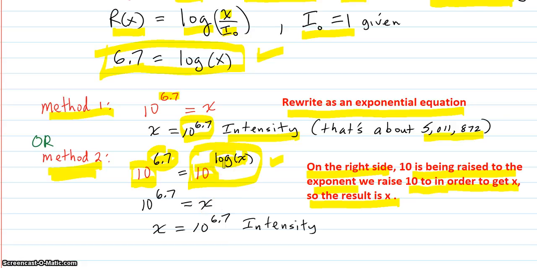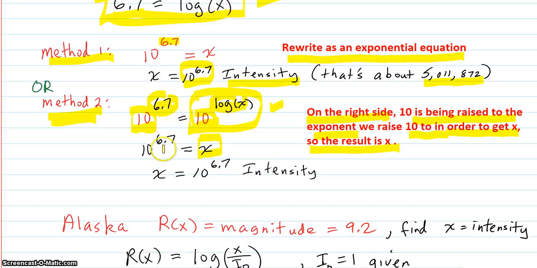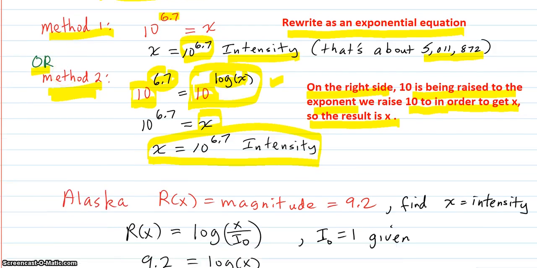Another way to think of it is that an exponent 10 to an exponent undoes the same base. If this is log 10 and it's 10 to the log 10, it undoes it and just gets you back to x. Now if you believe that, then anytime you have an equation like this, you can put 10 as a base on both sides and go from there. So x equals 10 to the 6.7 again. So that's the intensity. You use one of these two methods, one or the other. You don't have to use both.